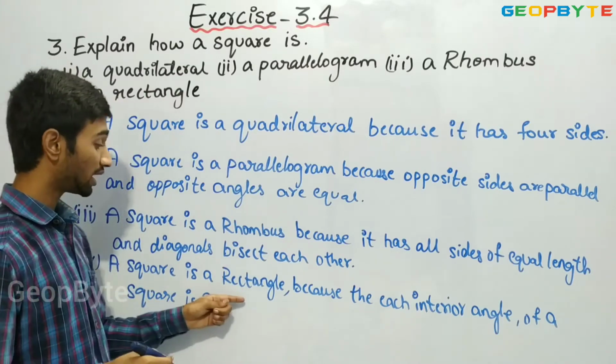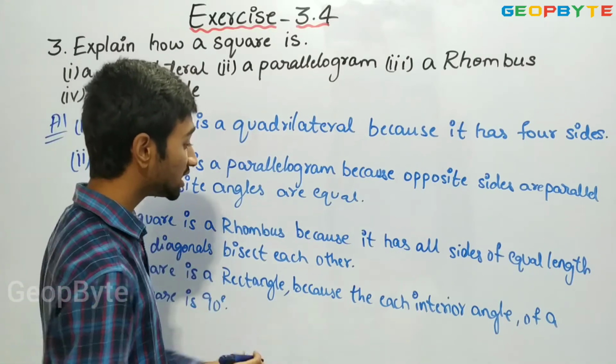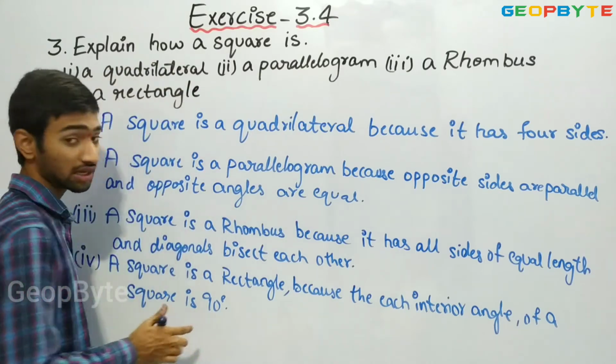So a square is a rectangle because each interior angle of a square is 90 degrees.